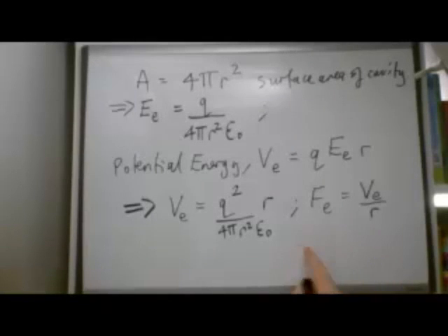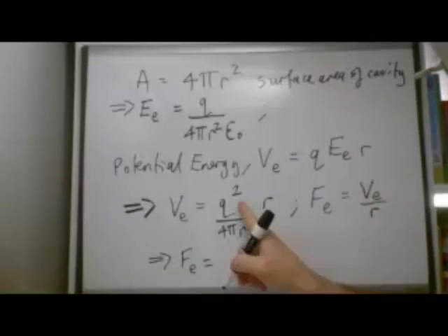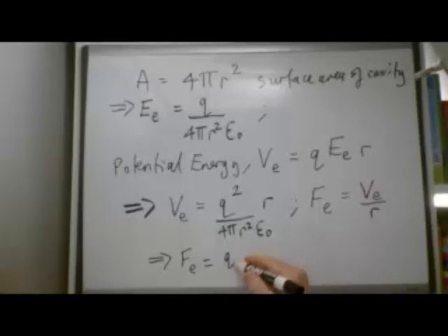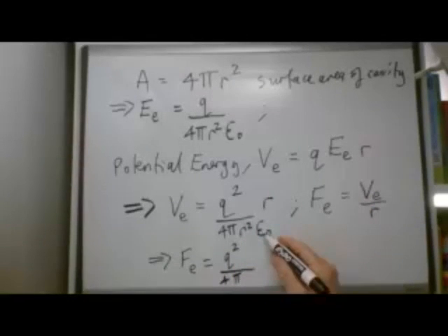So this implies that the force on the electron is the potential energy, which is this value, Q squared over 4 pi epsilon 0 r squared.